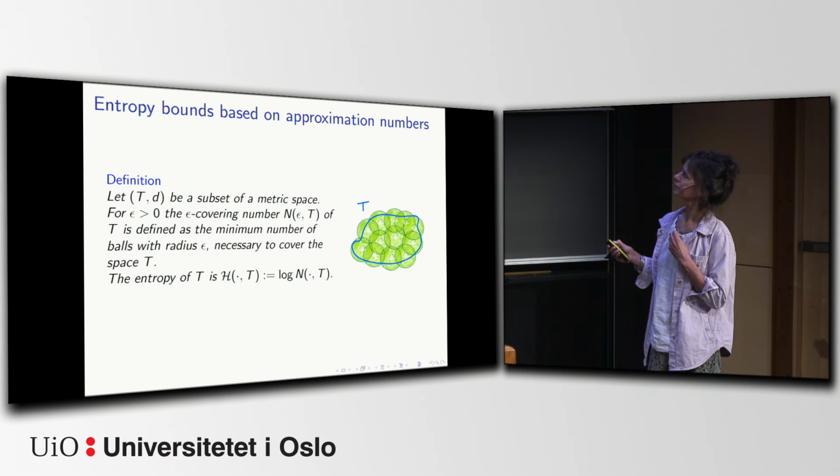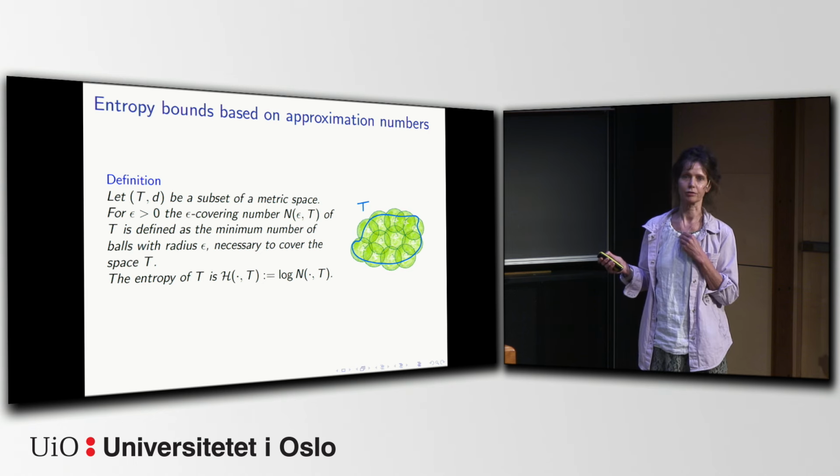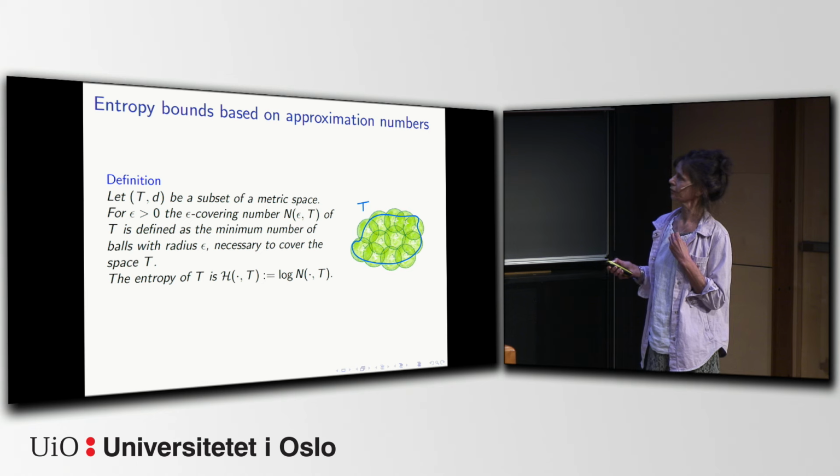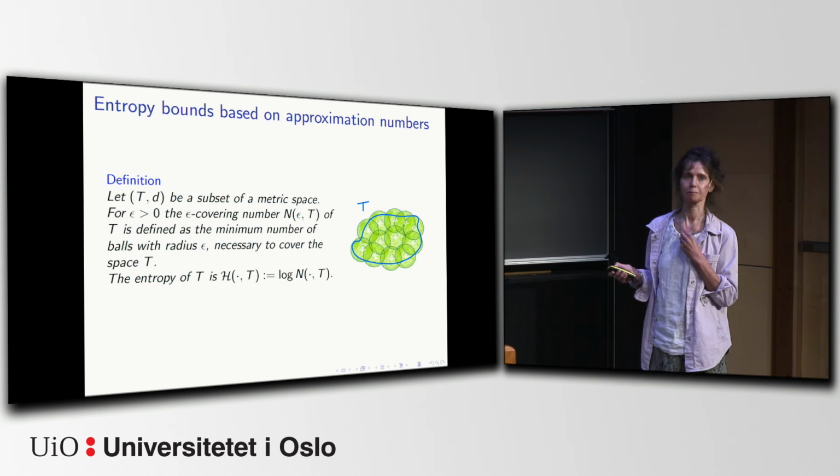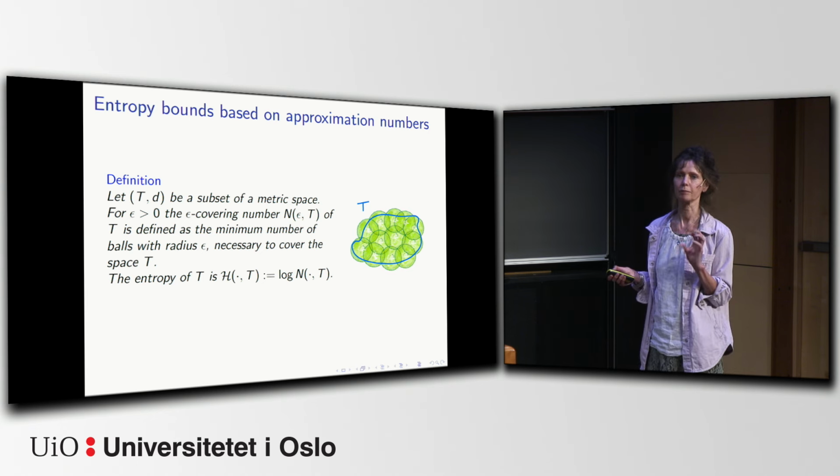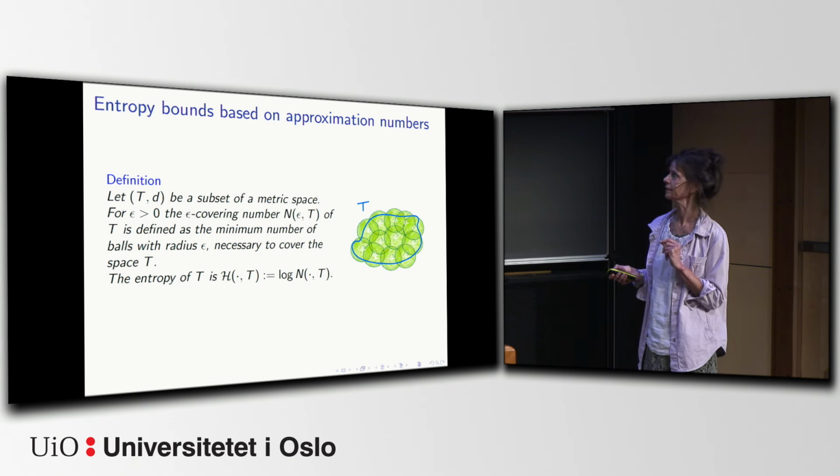So what is it? Take an arbitrary epsilon and try to cover the space by balls with radius epsilon. These little cucumber disks. And the number you need is called the epsilon covering number, and the logarithm is called the entropy. Okay, so that's a measure of the complexity of the space.